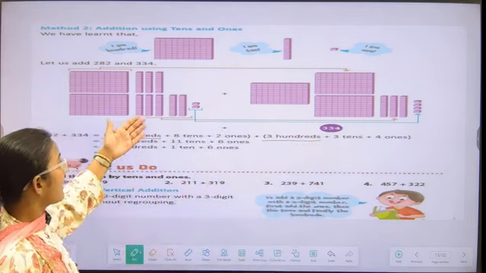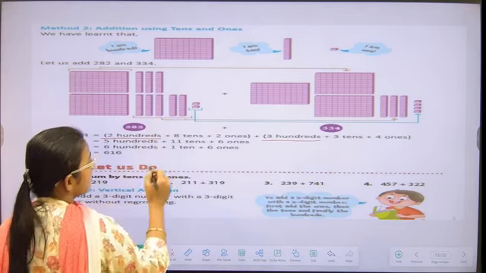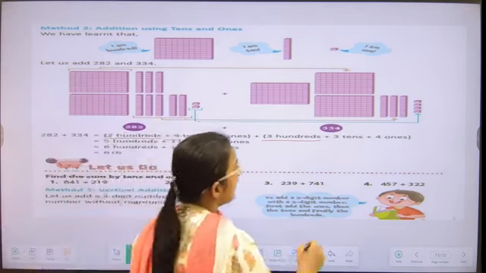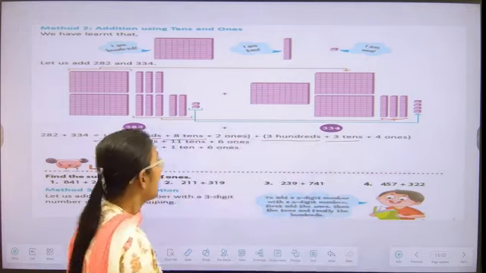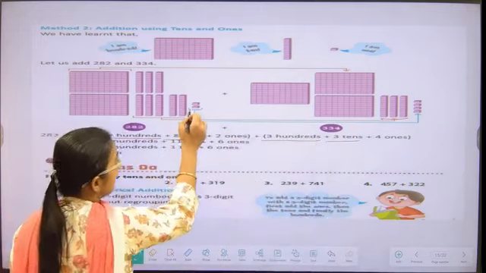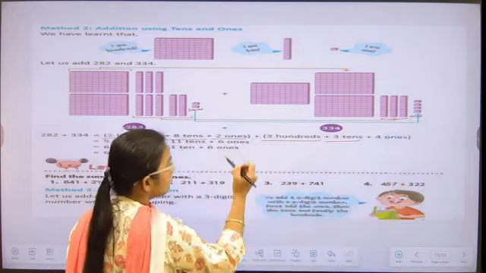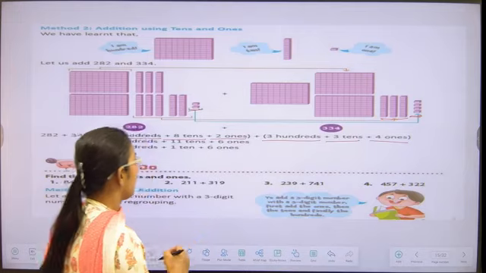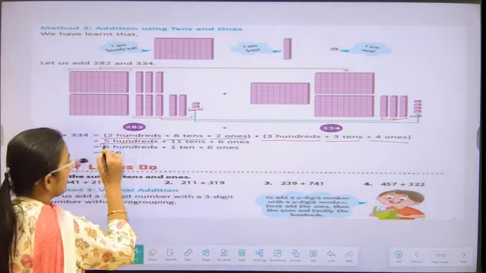Now we are going to add the tens blocks. 1, 2, 3, 4, 5, 6, 7, 8. So we have to write 8 tens. And how many tens blocks? 3 tens. So we have to write 3 tens for that. Now how many ones blocks we are having? 2 and 4, students. So we have to write 2 ones and 4 ones. Now 200 and 300 will make a 500.